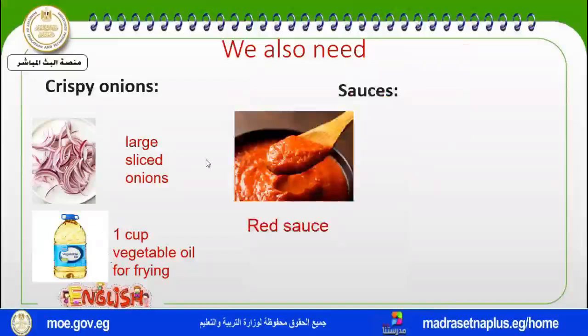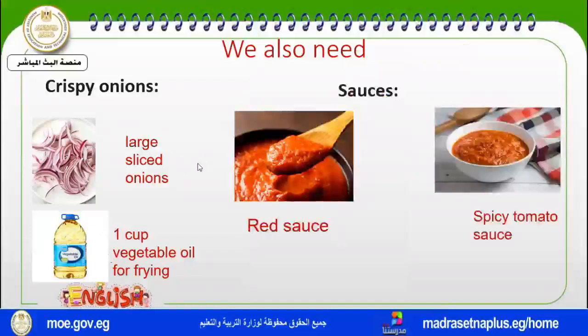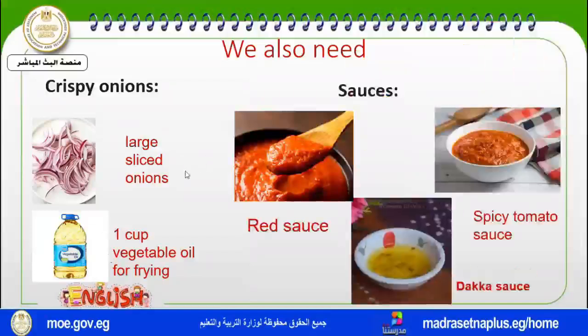We need the red sauce, the spicy tomato sauce, and the dakka sauce, which gives the koshari its delicious special flavor. So these were the ingredients of koshari: lentils, rice, small pasta, chickpeas, onions, vegetable oil, and all of these beautiful, delicious sauces.